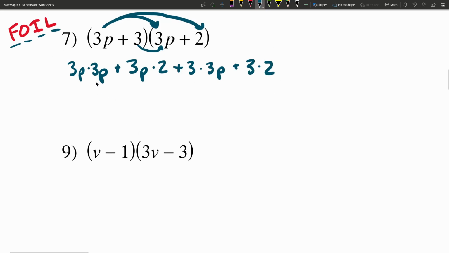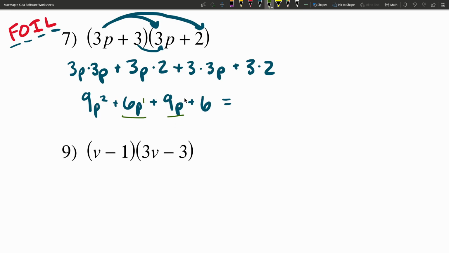Simplifying each of these multiplications down, 3p times 3p, 3 times 3 is 9, and p times p is p squared. We're going to add that to 3p times 2, which is 6p. That will get added to 3 times 3p, which is 9p, plus 3 times 2, which is 6. Finally, simplifying even further, we can combine 6p with 9p because they are like terms.